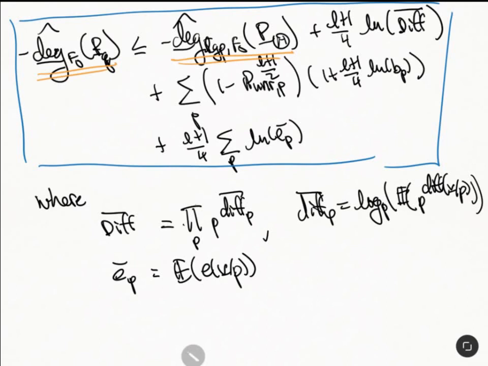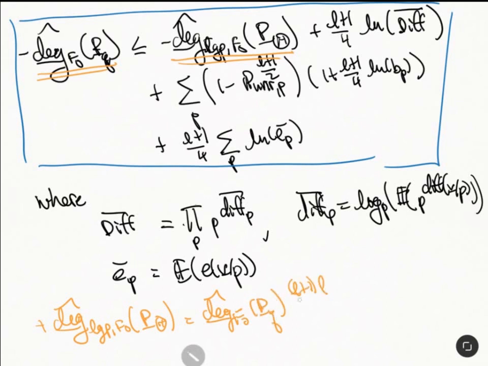The first bit of information is that F naught, let's just do the positive version, P theta, is this degree of PQ times L plus 1 times L over 12. So this term is now quadratic.